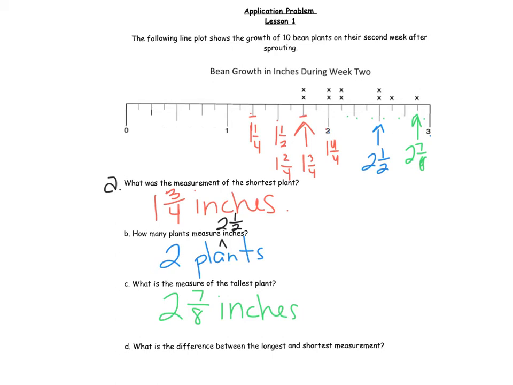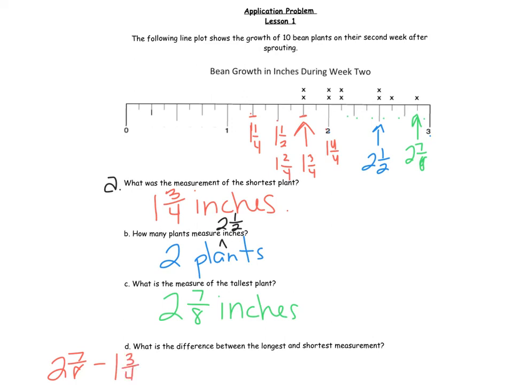Now, letter D, I caught myself that time. What is the difference between the longest and the shortest measurement? So we know our longest, which is 2 7/8, minus, what was my shortest? Oh, we had that. So that's letter A, which was 1 3/4.